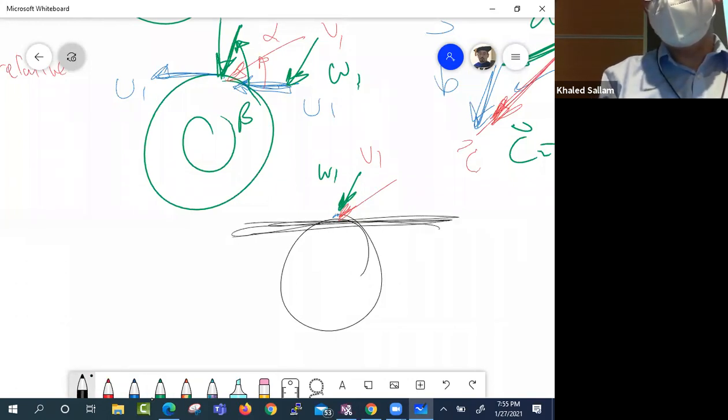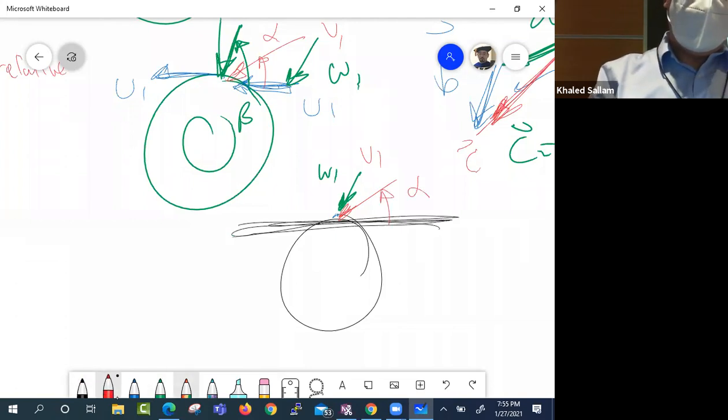This is alpha, and this is beta. The difference between the absolute and the relative is U1. So you can see U plus W equals V.